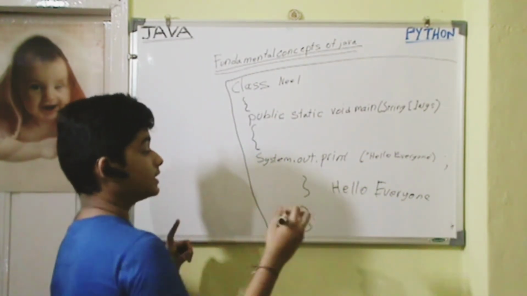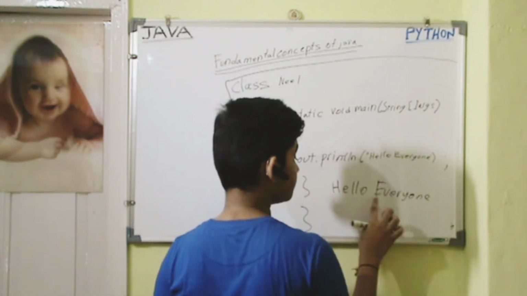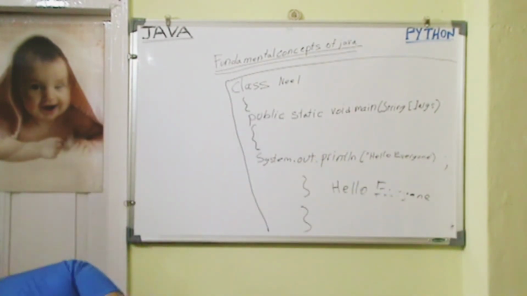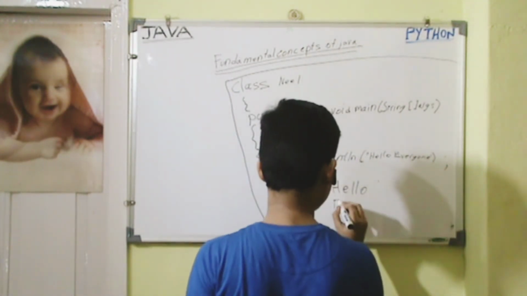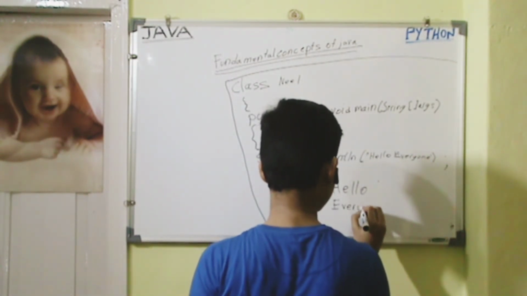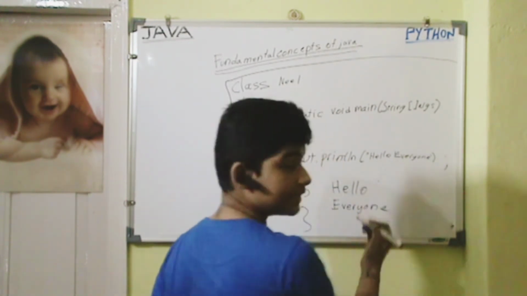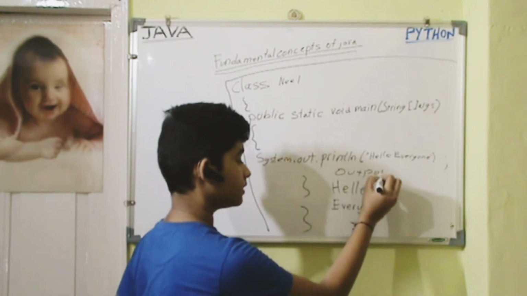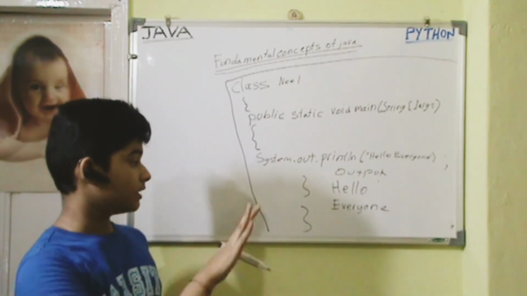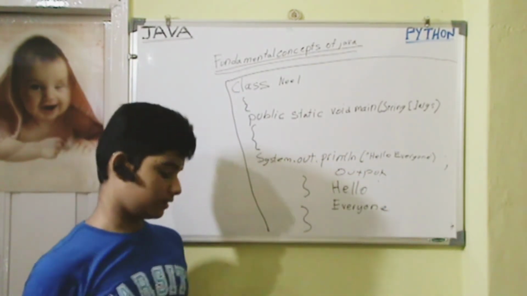But System.out.println prints it like this. So this must be the output. So this is how it prints it, right?